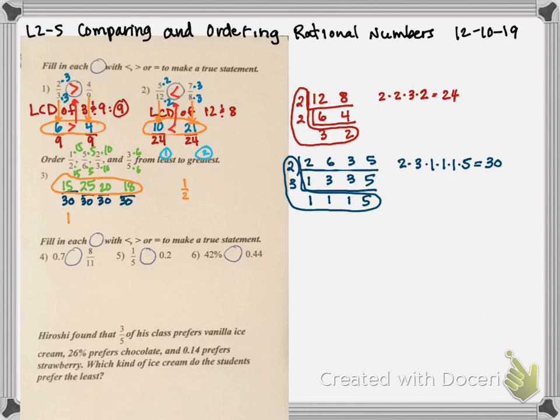Next smallest would be the 18/30ths, and that pairs up with 3/5. So that's your next. And then 20 comes in third place, and that corresponds to 2/3. And the last one is 25/30ths, which actually corresponds to 5/6. So this would be your correct answer.